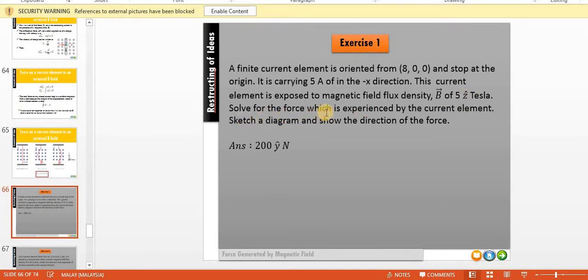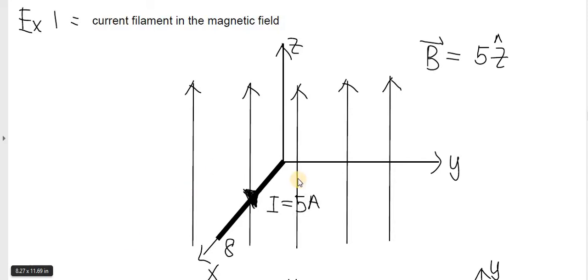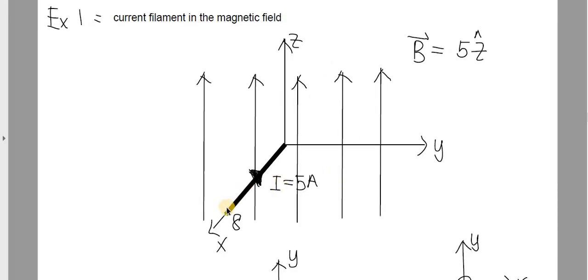Find the force experienced by this current element, and sketch a diagram to show the direction of the force. So we can look at the solution. You have a current filament from (8, 0, 0) pointing to the origin. The current flows in the negative x direction and B is in the positive z direction.